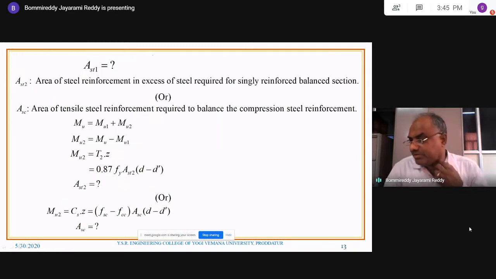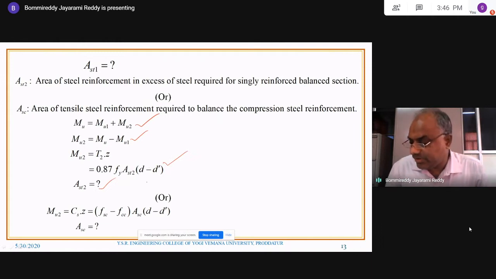And once Ast1 is known, then you can find out the area of the steel reinforcement in excess of the singly reinforced balanced section. Or otherwise, you know that already, Mu means Mu1 plus Mu2. What is Mu2? Original Mu minus Mu1, and Mu2 is the moment of resistance of the additional steel. Moment of resistance of the additional tensile steel. So T2 into Z, that is 0.87 fy Ast2 into d minus d dash. So by using this, you can find out Ast2.